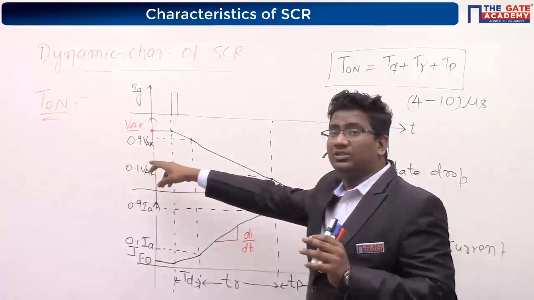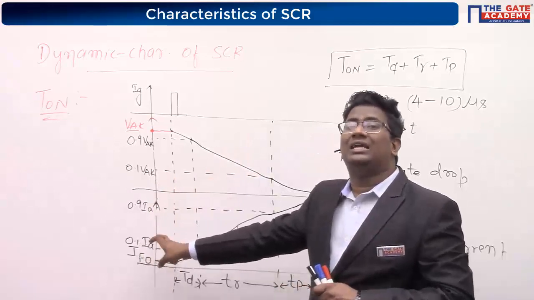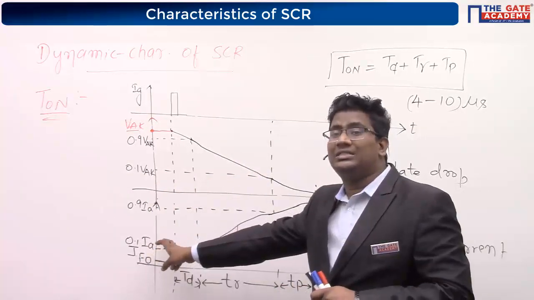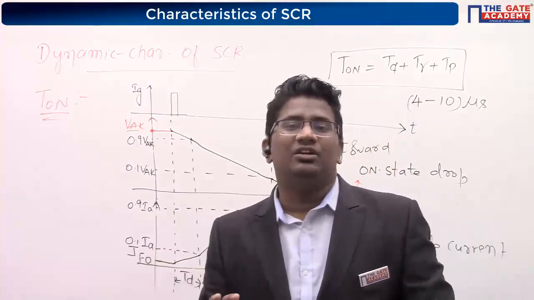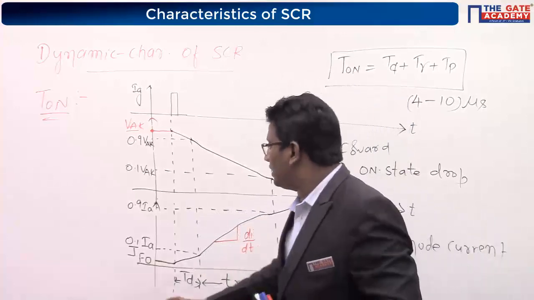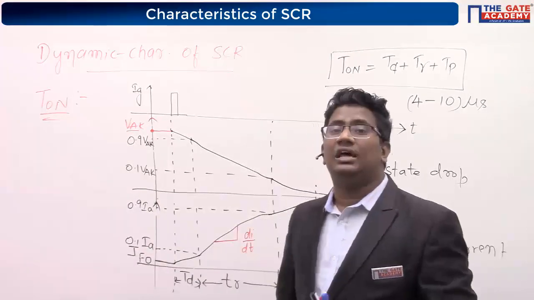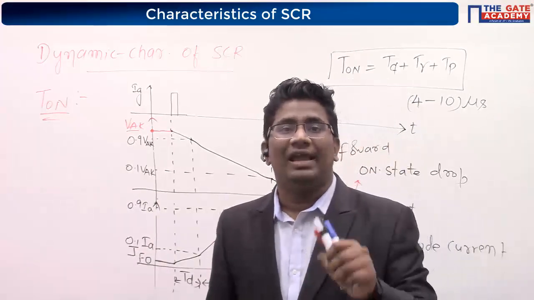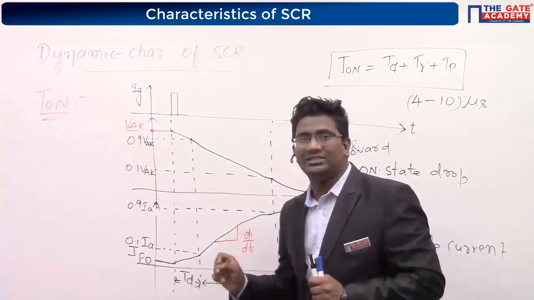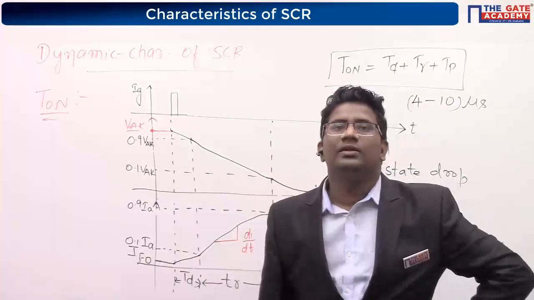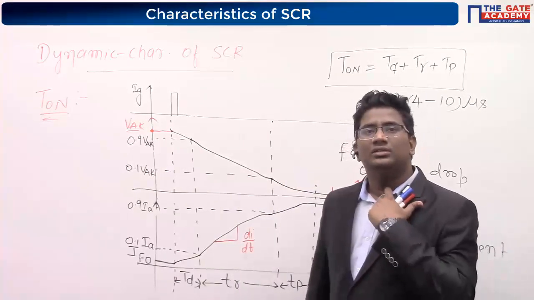This is with respect to voltage. And the anode current changes from 10% of its rated value to 90% of its rated value. That is called rise time. Have you noted rise time?